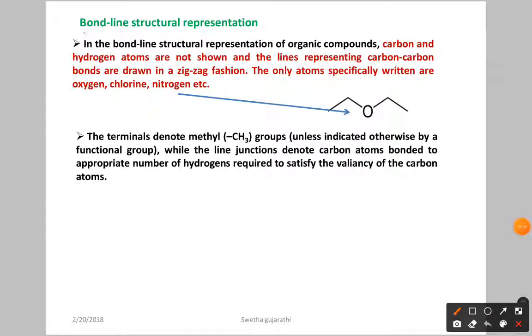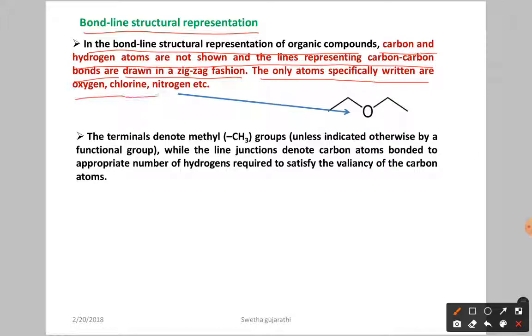Next, the third one we have is the bond line structural representation. What is that? Let us see here. In the bond line structural representation of organic compounds, carbon and hydrogen atoms are not shown and the lines representing carbon-carbon bonds are drawn in zigzag fashion. The only atoms specially written are oxygen, chlorine and nitrogen.